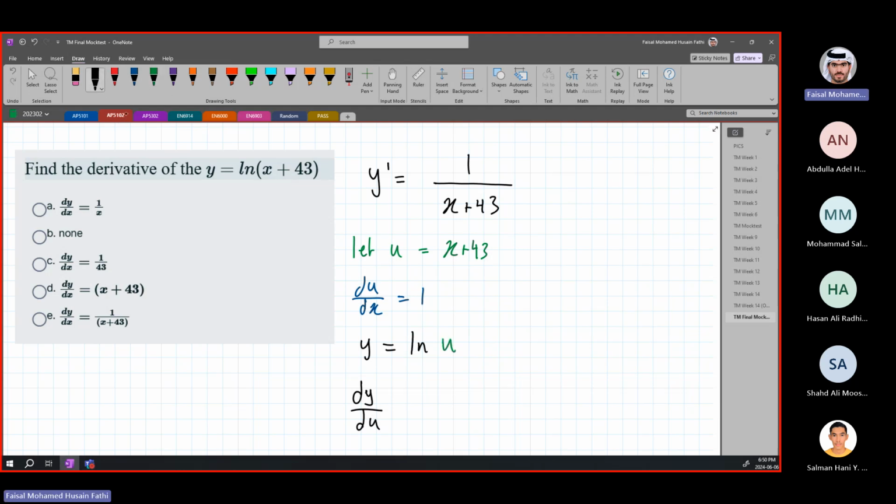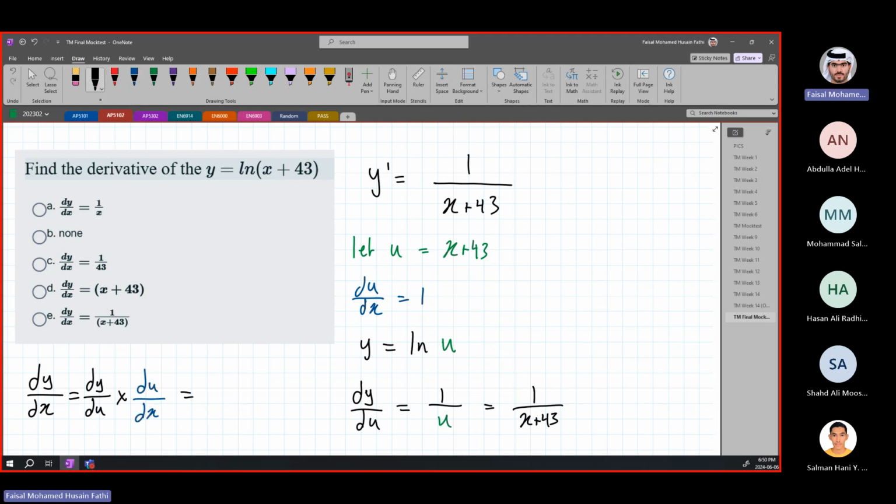So dy by du, the differentiation of ln u, is 1 over u. So it's equal to basically 1 over x plus 43 because that's what u is. And then you're going to say dy by dx is equal to dy by du times du by dx.